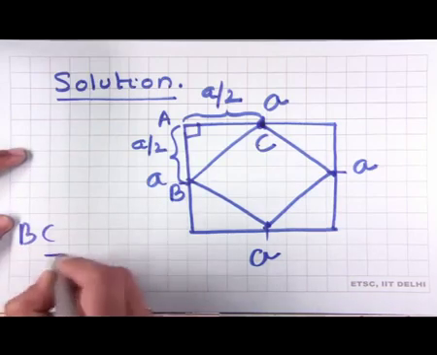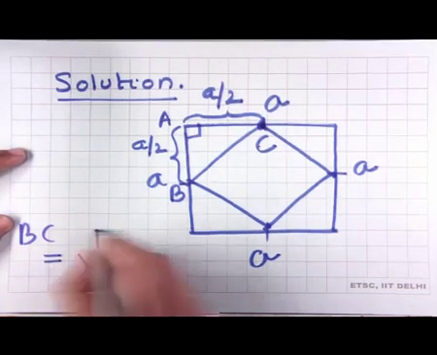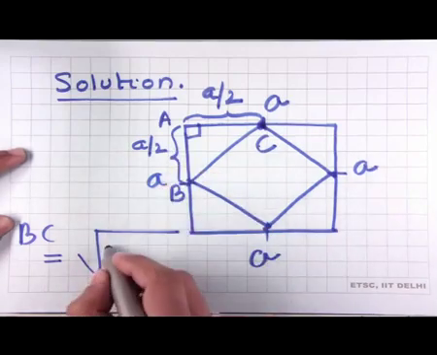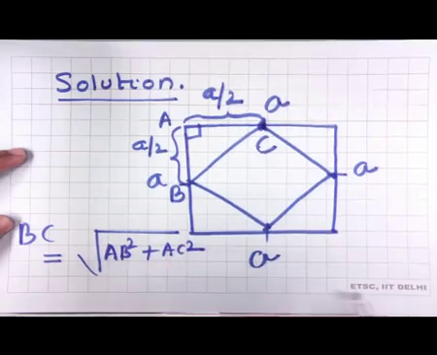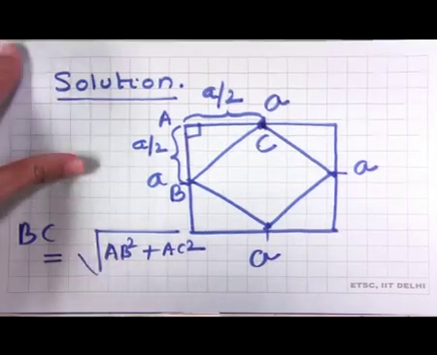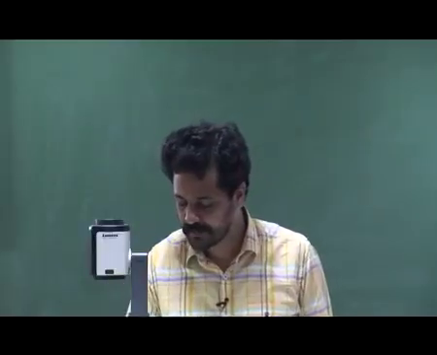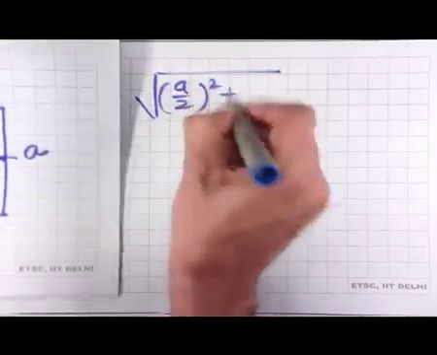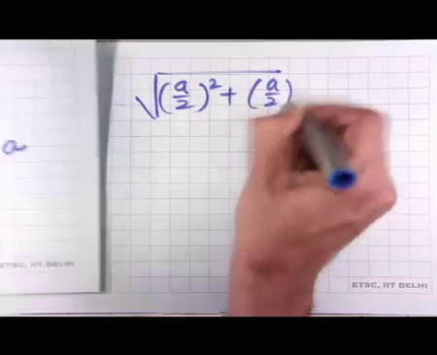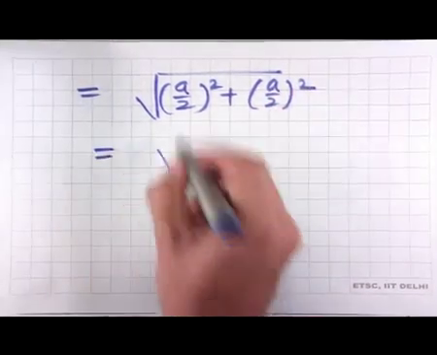BC will be square root of AB square plus AC square, which gives you a by 2 square plus a by 2 square.